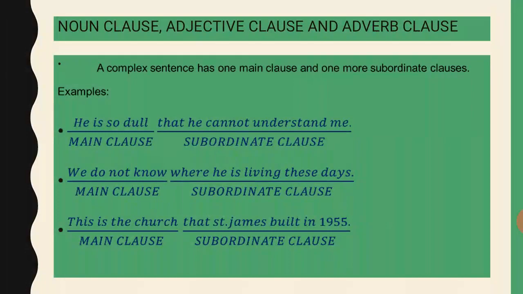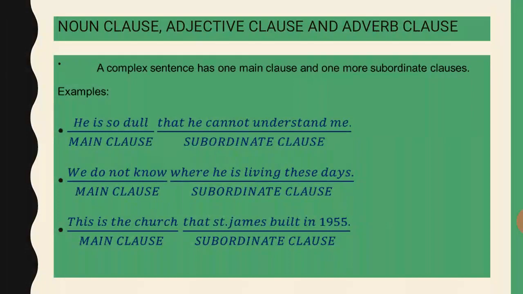So in this section, I have given you some examples. He's so dull that he cannot understand me. Here I have identified the main clause as well as the subordinate clause. Second sentence, we do not know where he is living these days. Here also there is a main clause as well as a subordinate clause.